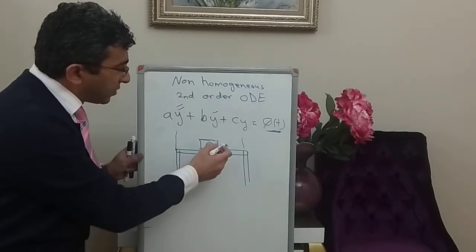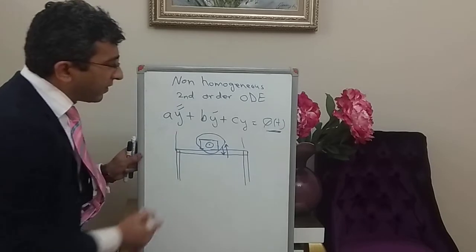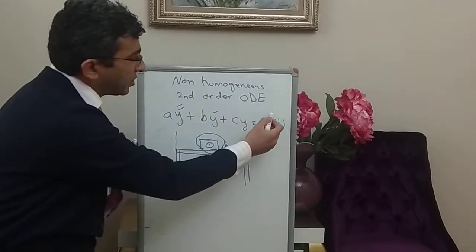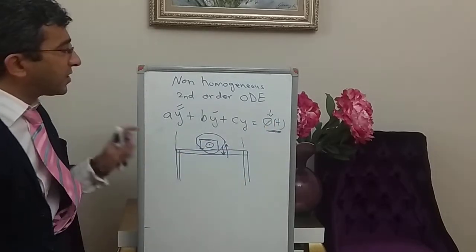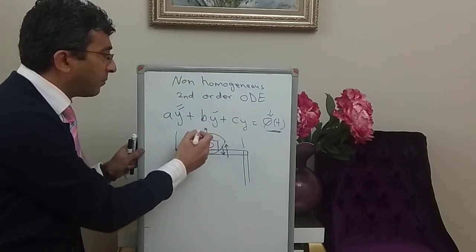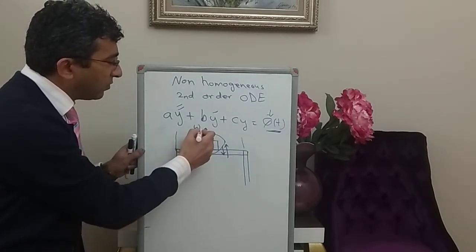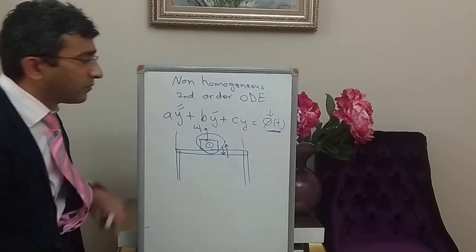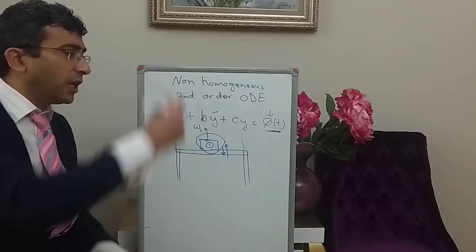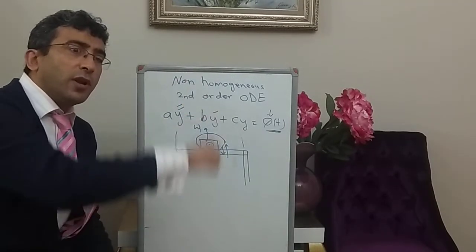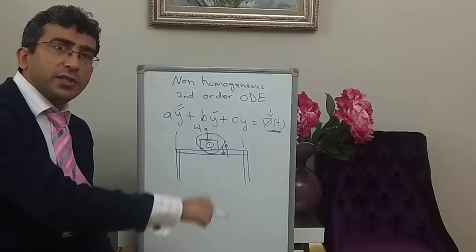So this is my source of acting function, which is Q here, and it has some vibration frequency. I will call it omega 1. The machine is hitting your floor, for example, at 7 Hertz.